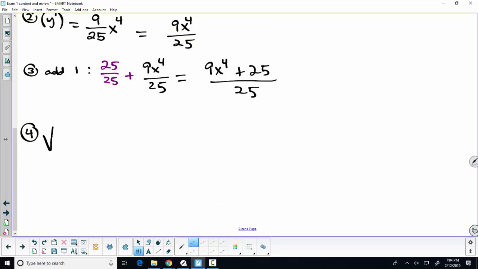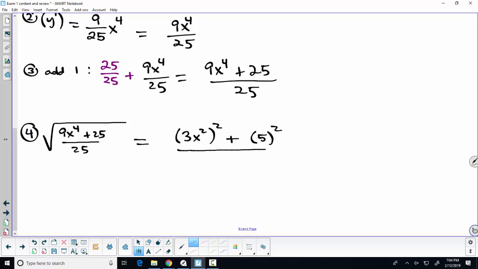So we might want to take this a step further and just simplify this radical. 9x to the 4th plus 25, both of those are squares. So we have 3x squared squared. This probably won't help us too much, but at least we can note this. So we have the square root of that stuff over the square root of that thing.